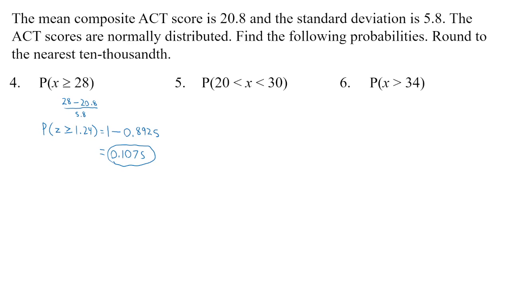Number 5, they're asking you for the probability of scoring between a 20 and a 30. So what you're going to do is convert two raw scores into z-scores. So for 20, this is 20 minus 20.8 divided by 5.8, and you will get negative 0.14.